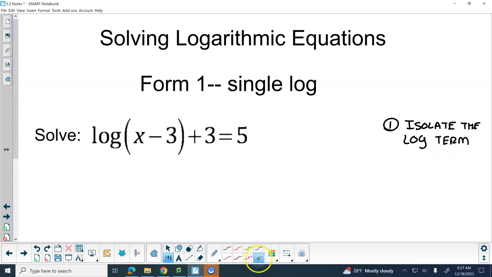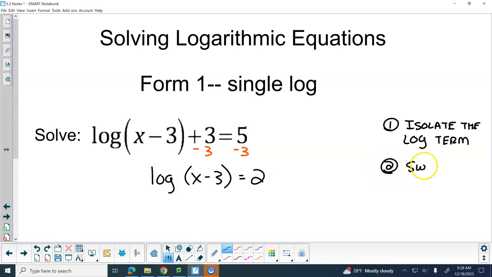So here I would subtract 3. Once we've isolated the log term, then again, we're going to switch forms.